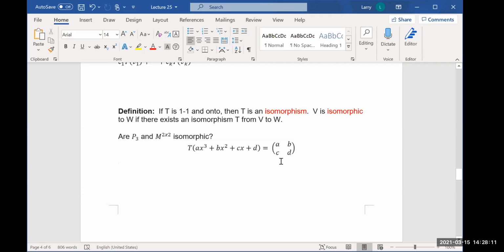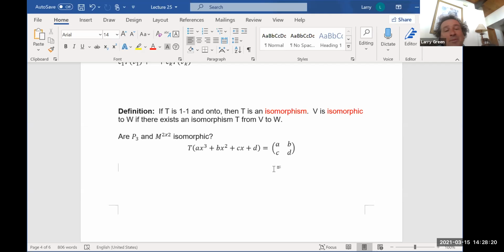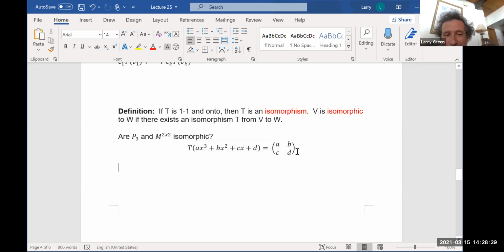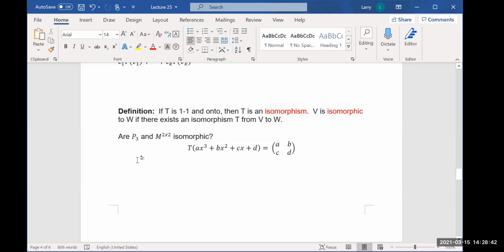It's simpler than that. Actually, it's for every matrix, you have a polynomial in P3. That's onto. So for every matrix A, B, C, D, whatever numbers they are, just plug in AX cubed plus BX squared plus CX plus D, and you'll get that matrix. There's nothing to it. Do you agree? Yeah. So the answer is yes.